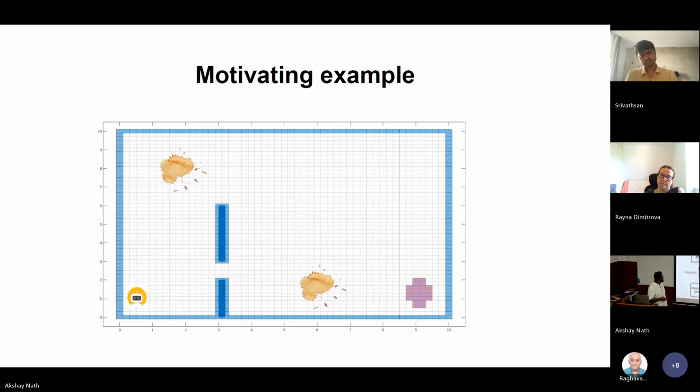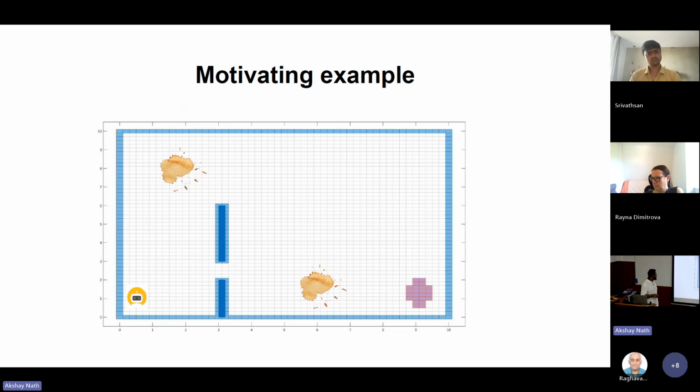I'll show the results on a motivating example. Say, coming back to the robot example that we have, think of this 2D map where you have obstacles in blue. You have spills on the floor, let's say.